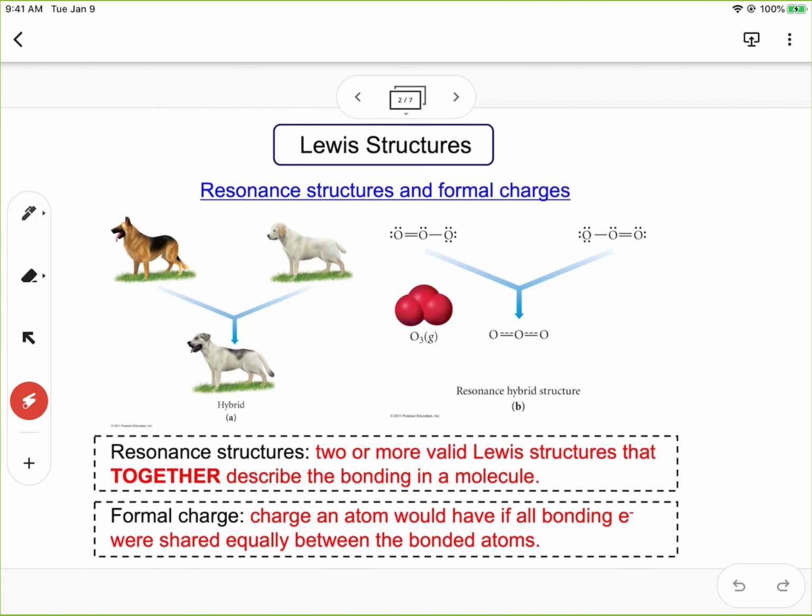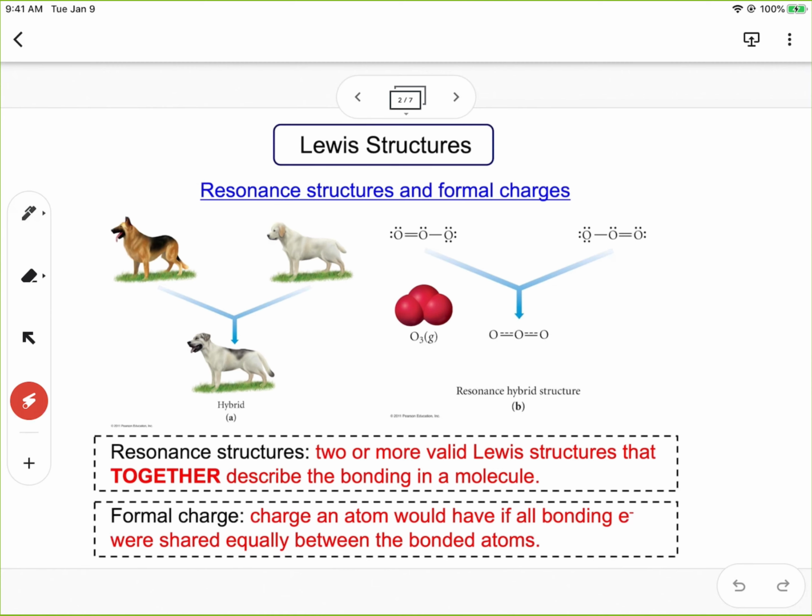Here you can see that we use a dashed line and a solid line to represent the bonding interaction between two oxygens, and that tells us the bonding interaction is between a double bond and a single bond. That's how we present a hybrid structure.